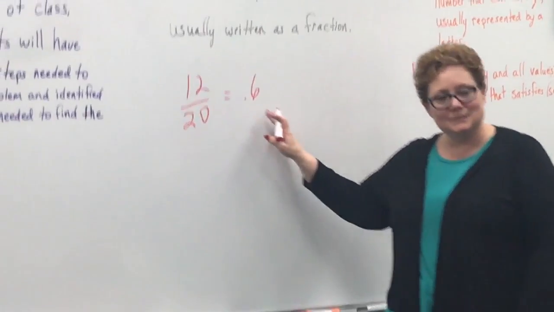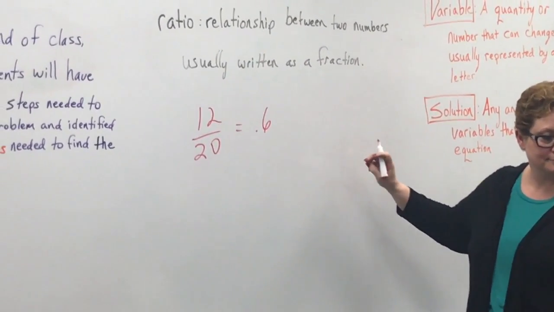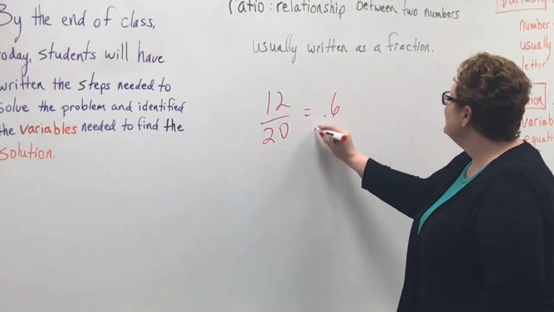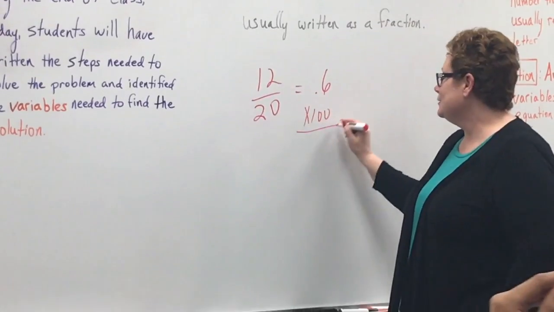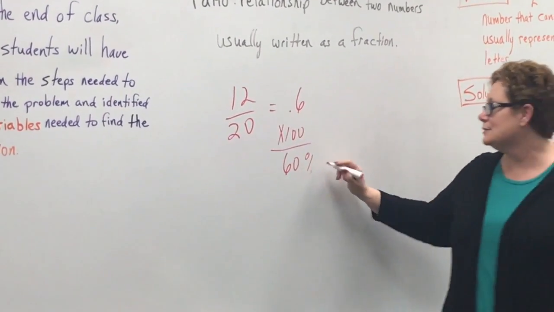But to change a decimal to a percentage, we have to multiply times what? 100, good. So that makes it 60%. That's how we change it to a percentage.